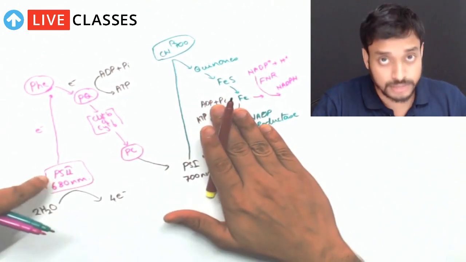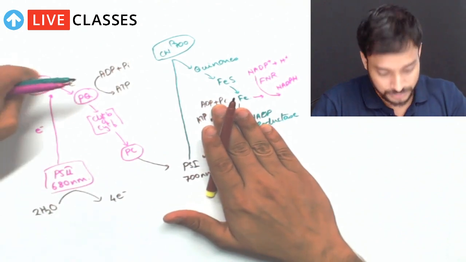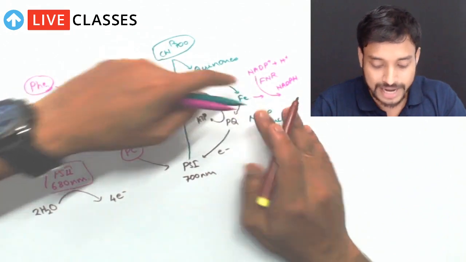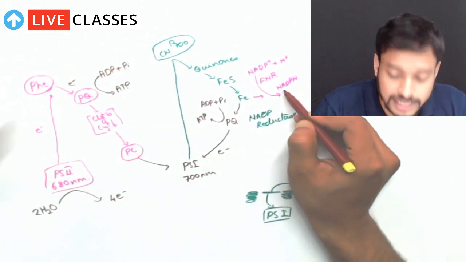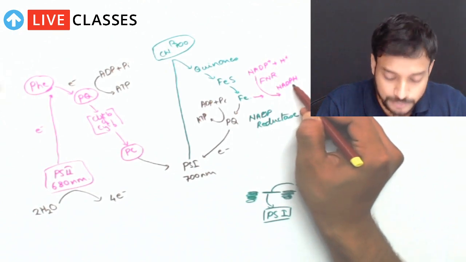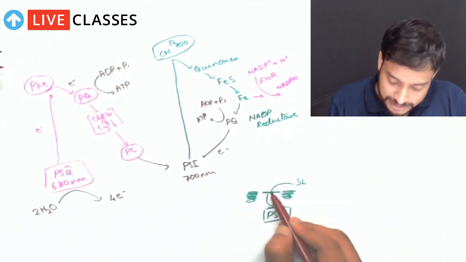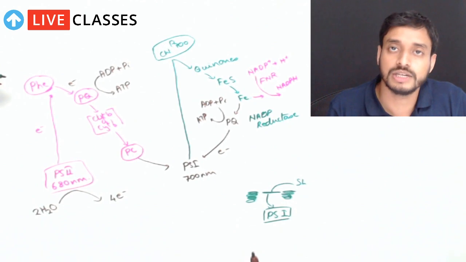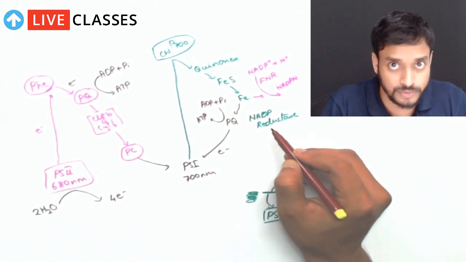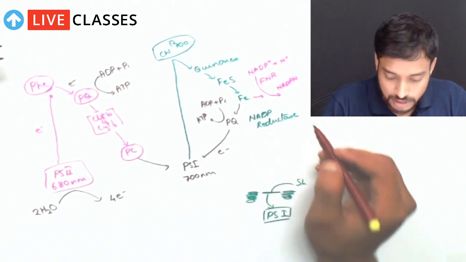Here from photosystem 2, electrons are excited. They come back to photosystem 1, again excited, and at the end, the result is that NADPH is produced over here. But in these stroma lamellae, there is only photosystem 1 and there is no NADP reductase. If there is no NADP reductase, then what will happen?